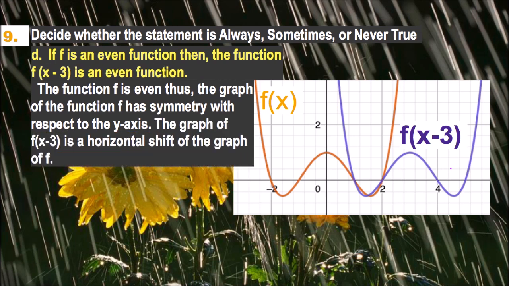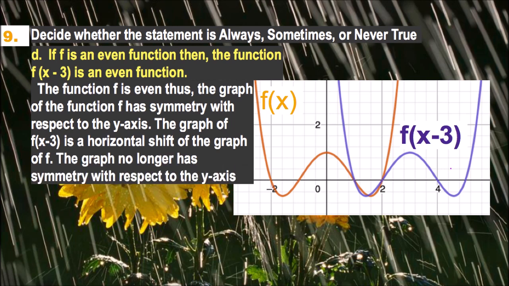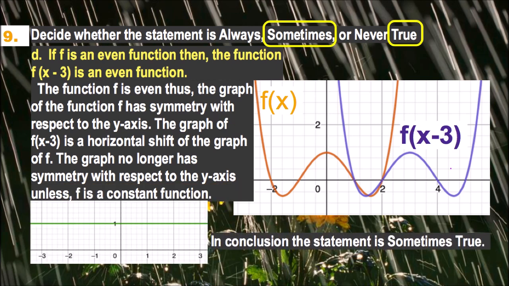The graph of f of x minus 3 is a horizontal shift of the graph of f. The graph no longer has symmetry with respect to the y-axis, unless f is a constant function, as seen in the function y equals 1. In conclusion, the statement is sometimes true.